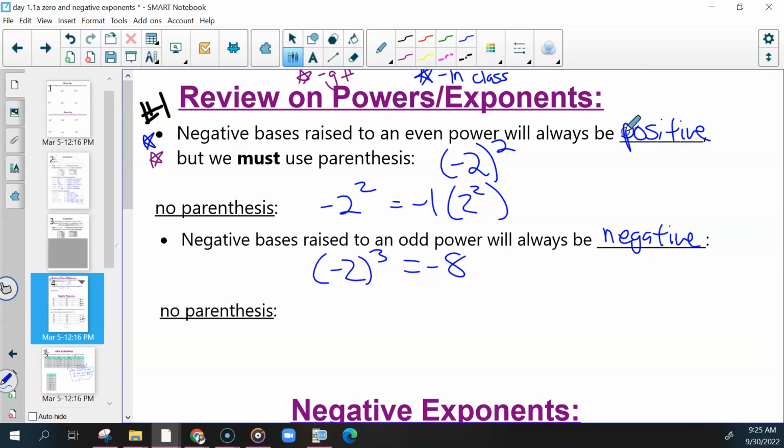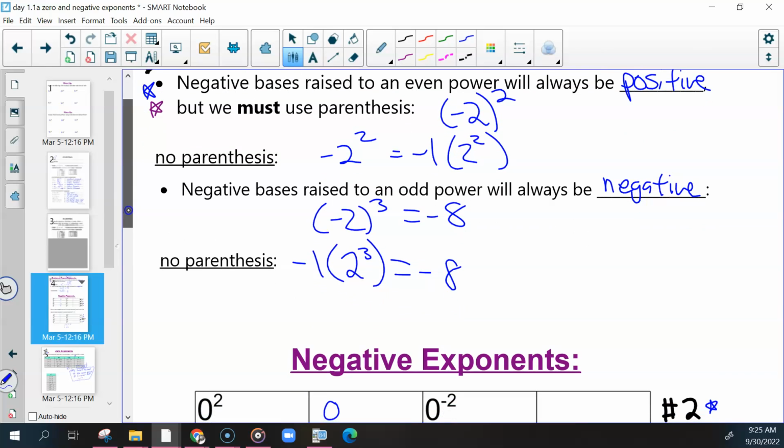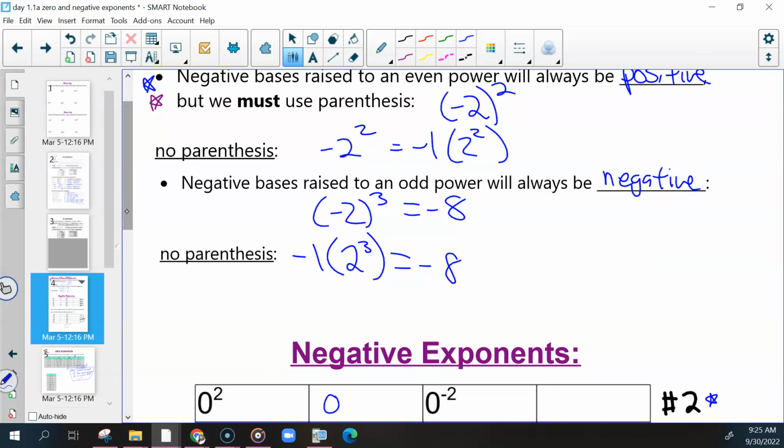If I didn't use parentheses, it would be similar to this, and I would, again, have a negative. So the parentheses for odd powers doesn't matter, but for even we have to use parentheses. Now, we're going to talk about negative exponents and how their rule is different.